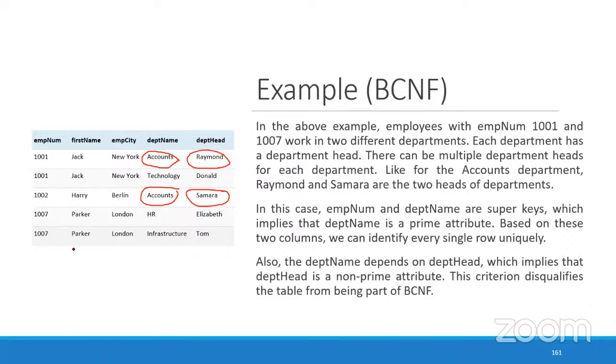Now, department name depends on department head, which implies that department head is a non-prime attribute. We would have to show that department head is a prime attribute for the relation to be in Boyce-Codd normal form. This criterion disqualifies the table from being in Boyce-Codd normal form.